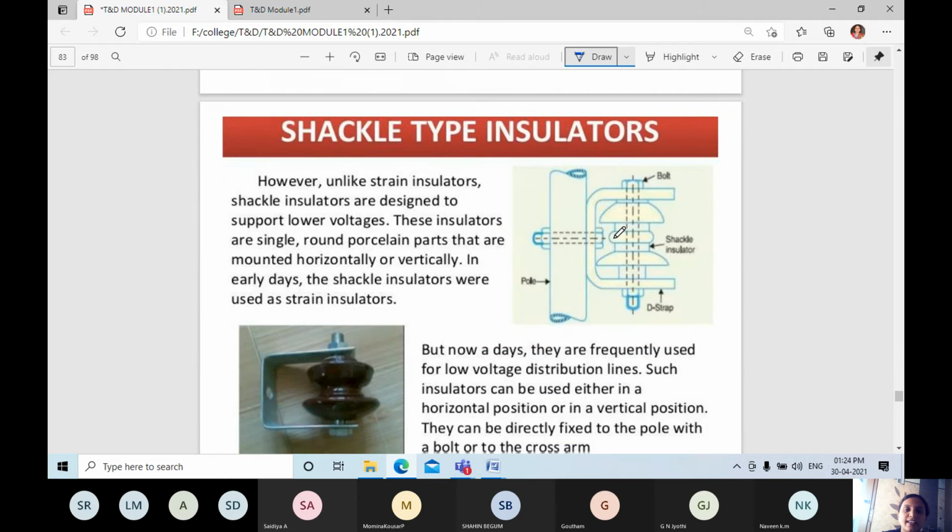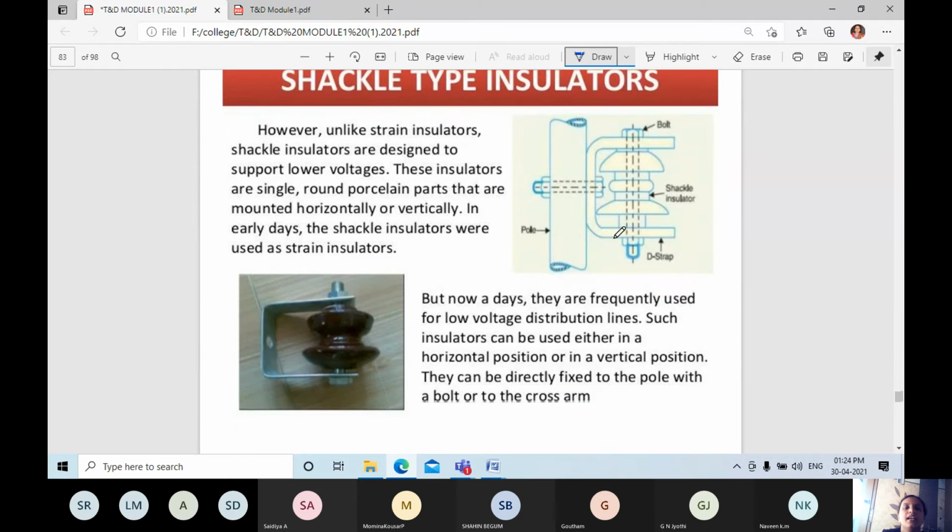Next is a shackle type insulator. Here, unlike strain insulators, shackle insulators are designed to support lower voltages. These insulators are single round porcelain parts that are mounted horizontally or vertically. You can observe here.